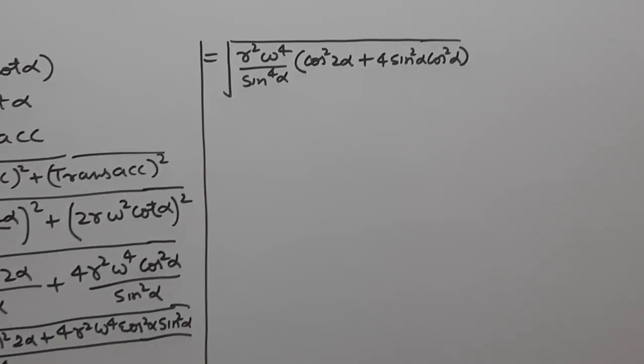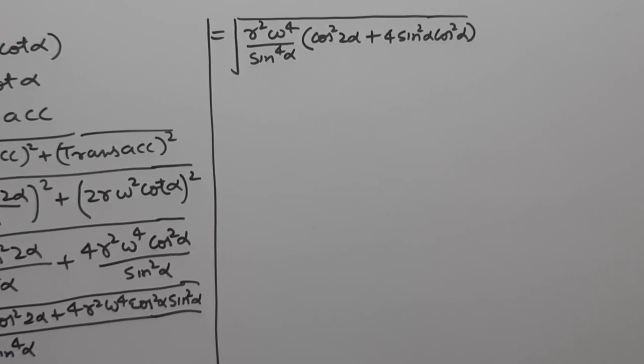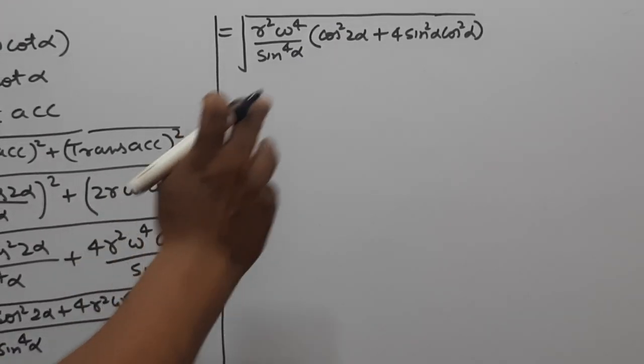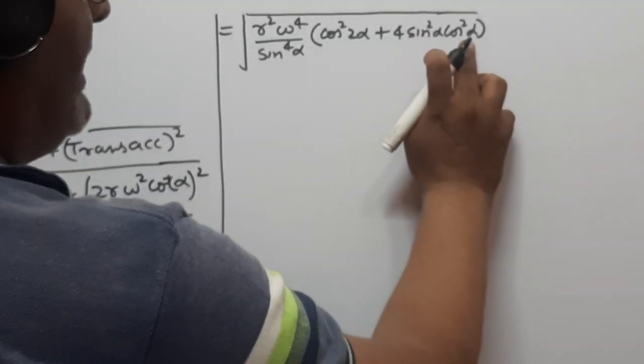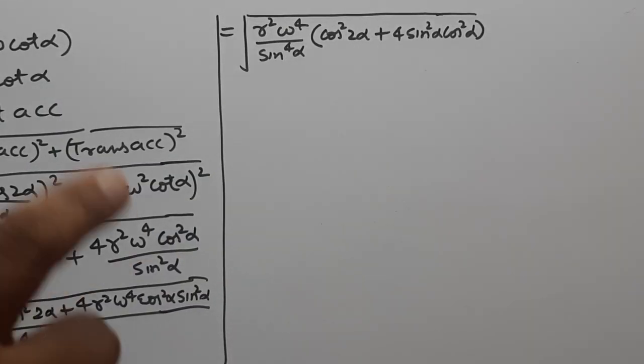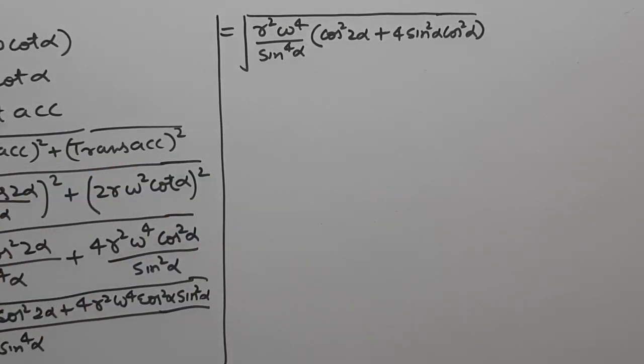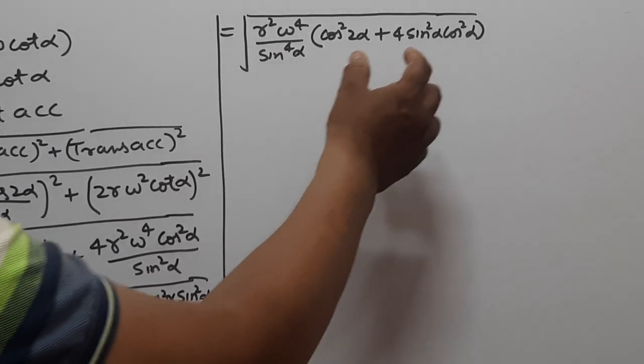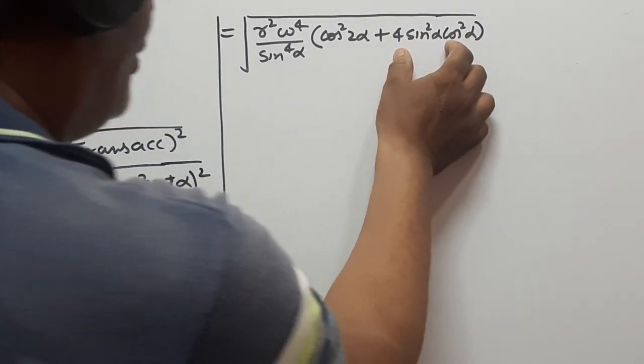Now we can see that 4 sin² α cos² α can be written as (2 sin α cos α) whole square, and 2 sin α cos α can be written as sin 2α. So this becomes sin² 2α.